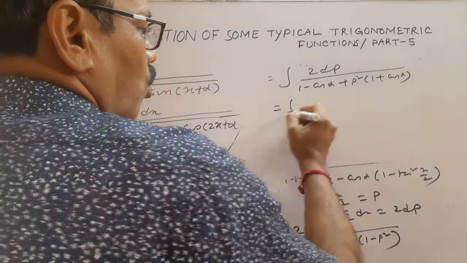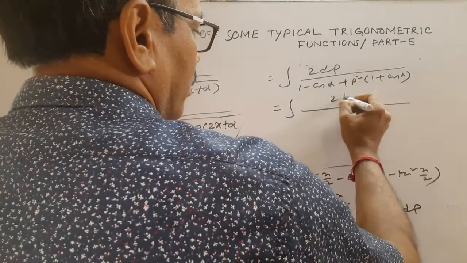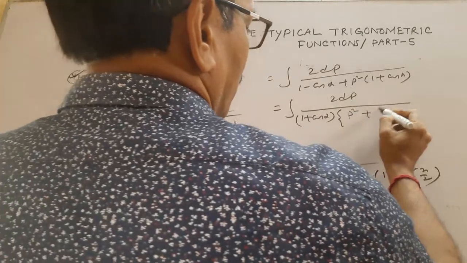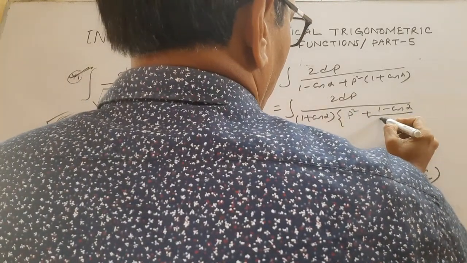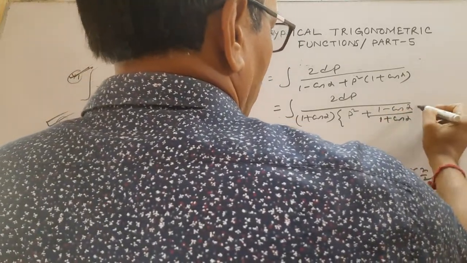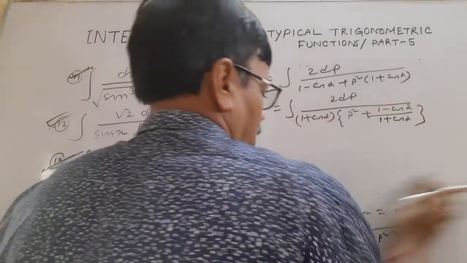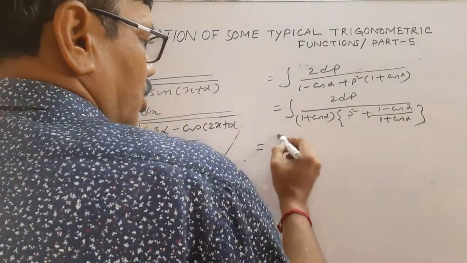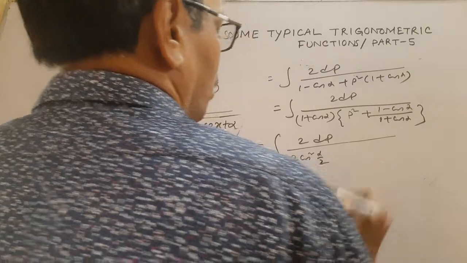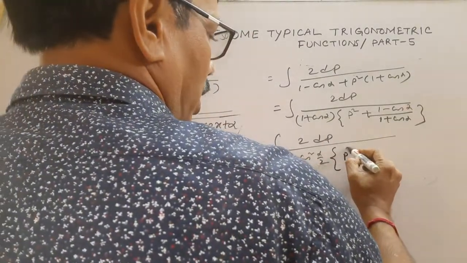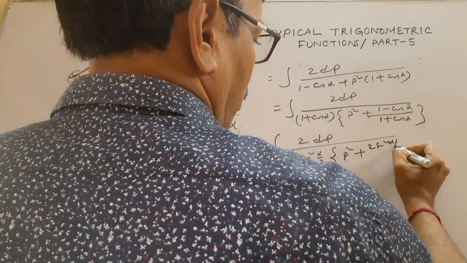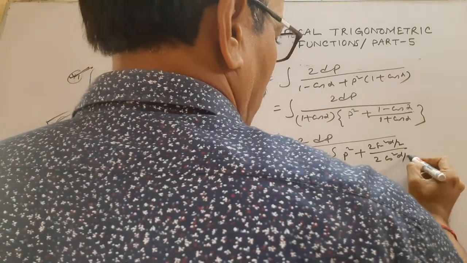To make the coefficient of p square 1, we have to take 1 plus cos alpha common. This is p square, 1 minus cos alpha over 1 plus cos alpha. Now use trigonometry. So this is 2 dp, 1 plus cos alpha is 2 cos square alpha by 2, and this is p square plus 2 sin square alpha by 2 over 2 cos square alpha by 2.